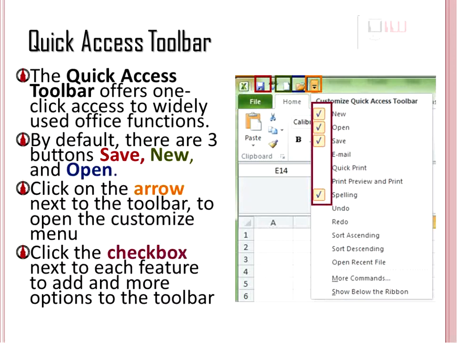The other item we have on here is the Quick Access Toolbar. The one thing I like about the Quick Access Toolbar is the ability for me to very quickly access common options within Excel.